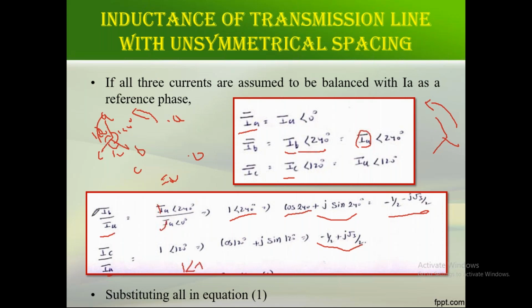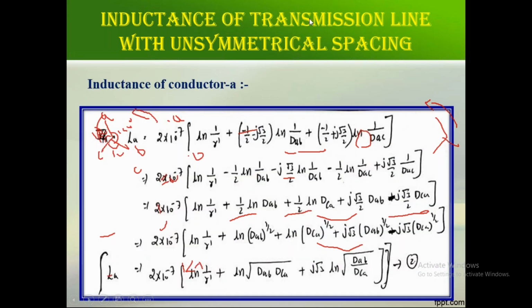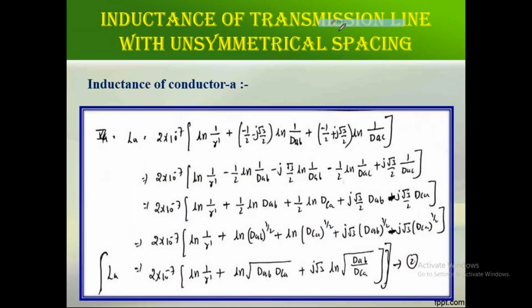After substituting these two values in equation 1, let us see the final value of LA. See here, this is the equation after substituting these two values: we substituted IB by IA, and here IC by IA.